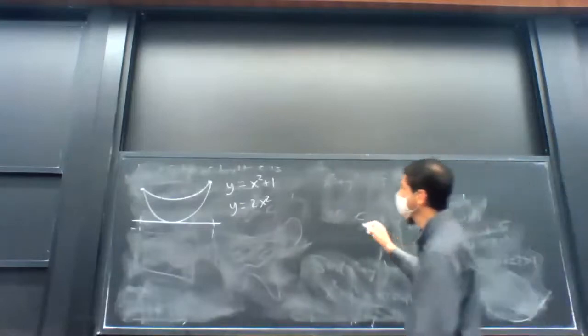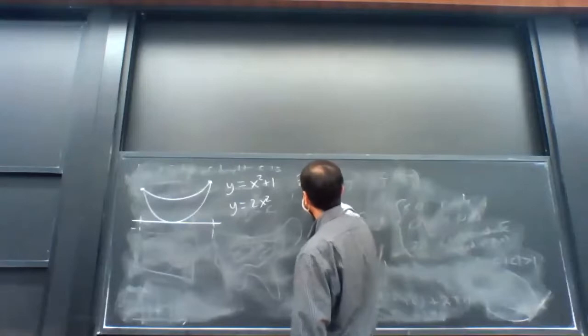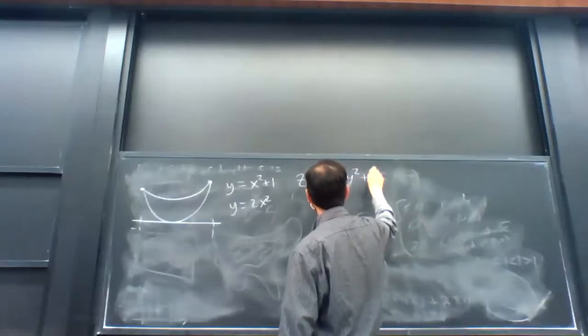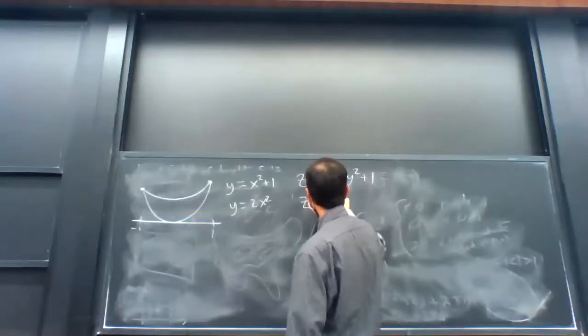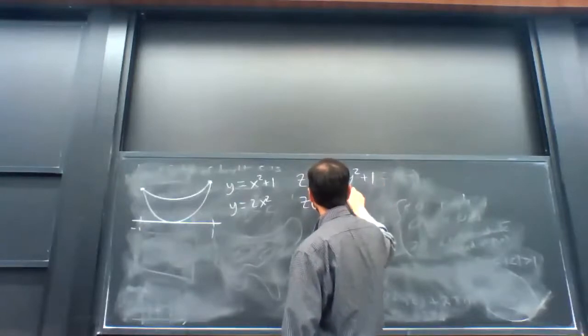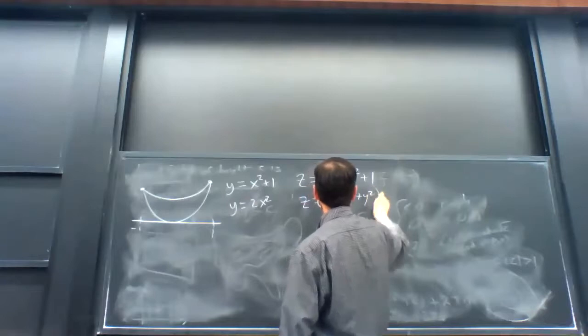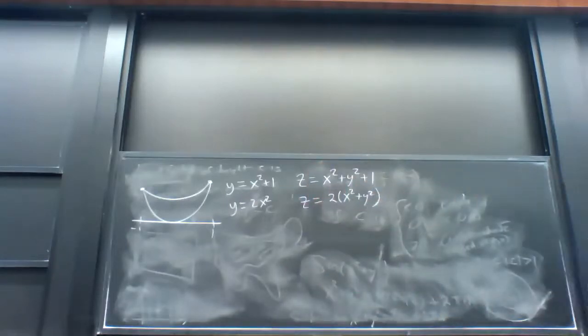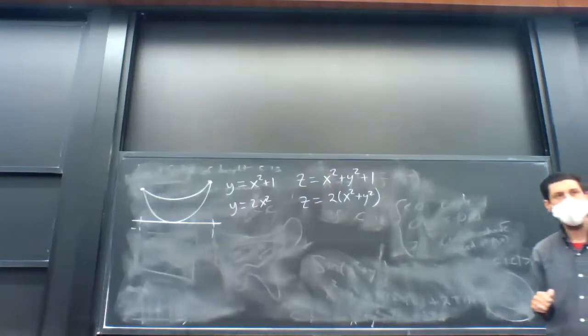So now let me give you z is x squared plus y squared plus 1, and z is 2x squared plus y squared. I'm giving you two different surfaces, and I want to find the volume between them.